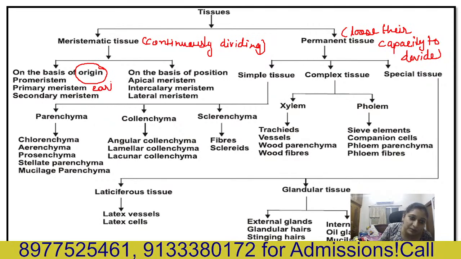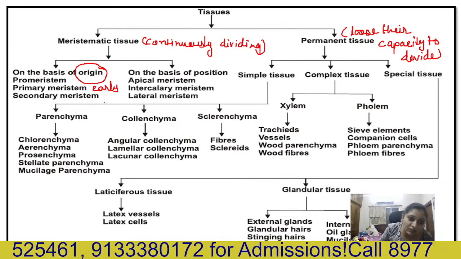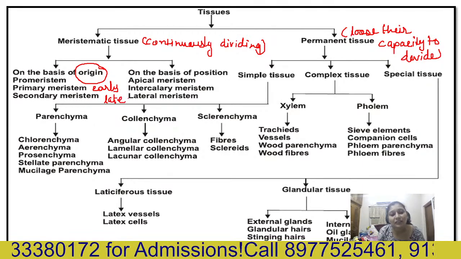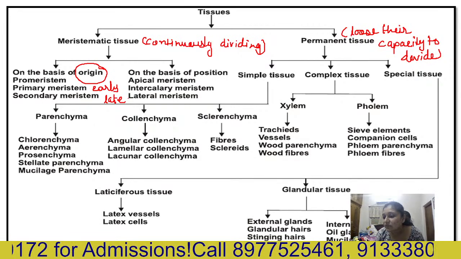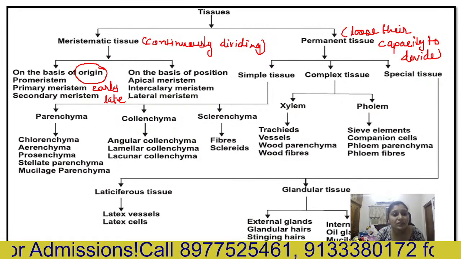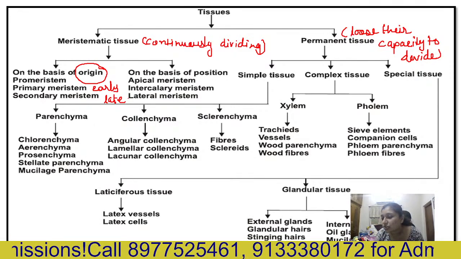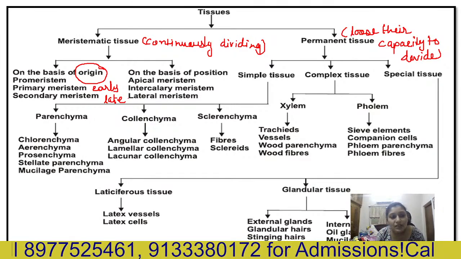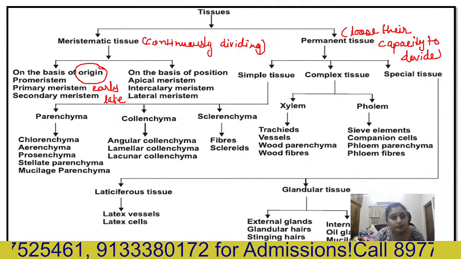These appear early, and secondary meristem appears at a later stage, late in the life cycle of the plant. So they are mainly divided into two types: primary meristem and secondary meristem. You can say one is promeristem also.